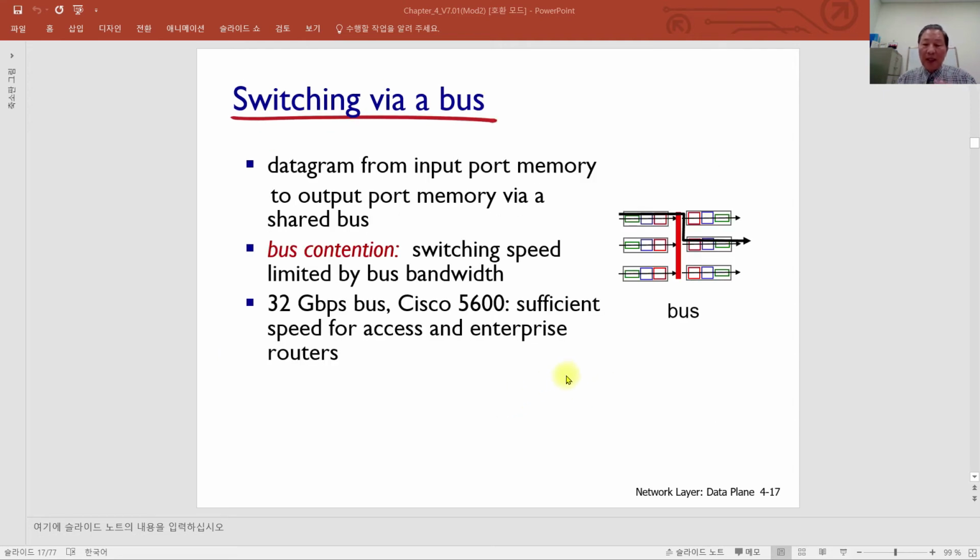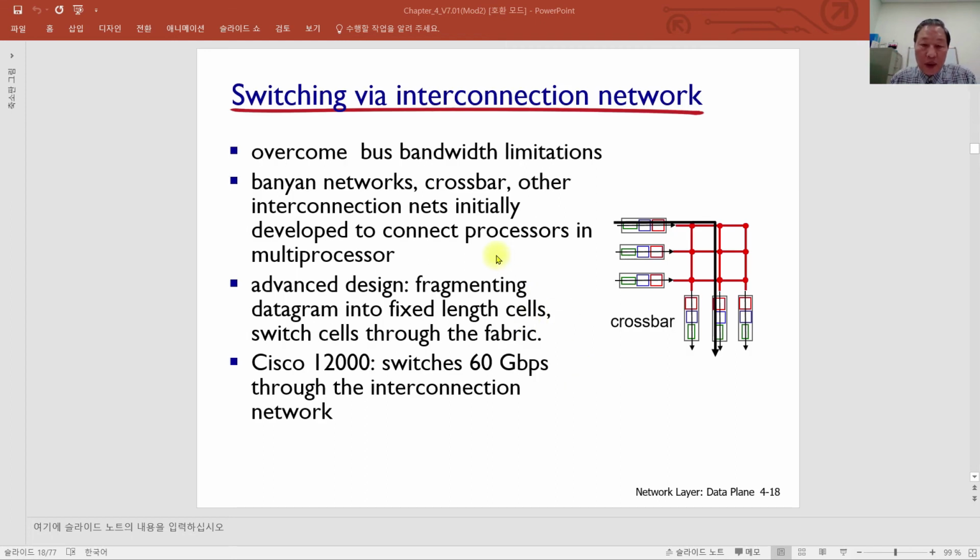But for intermediate routers in our whole university networking architecture, a higher speed router should be used than this bus type, or the next one, crossbar, which will be used for the backbone router.